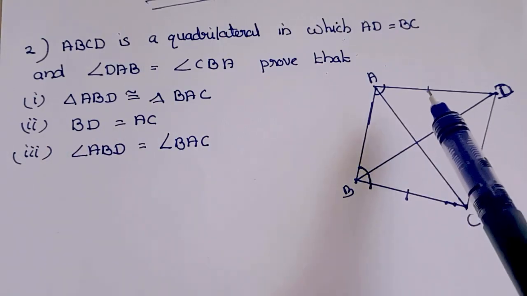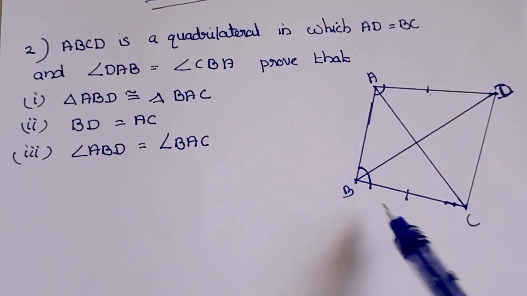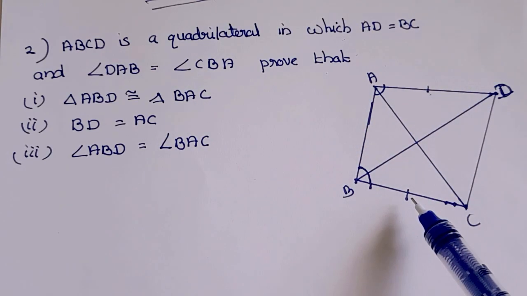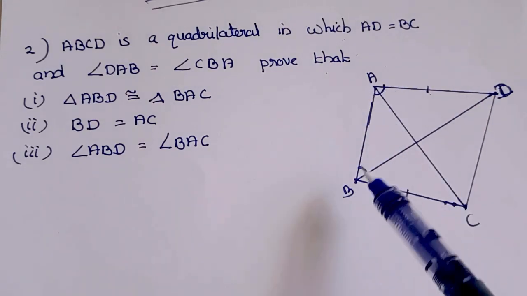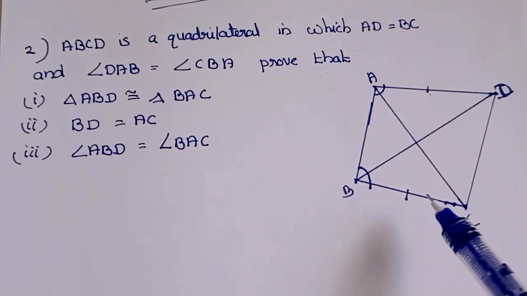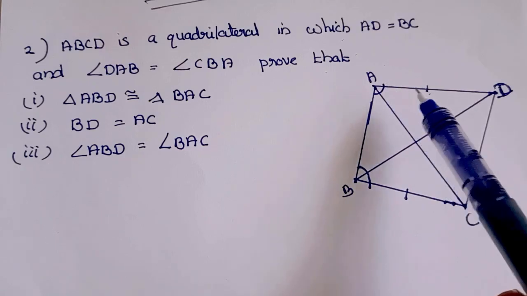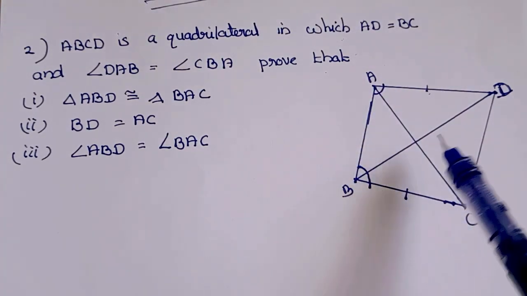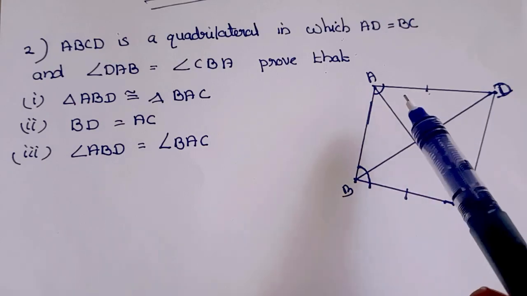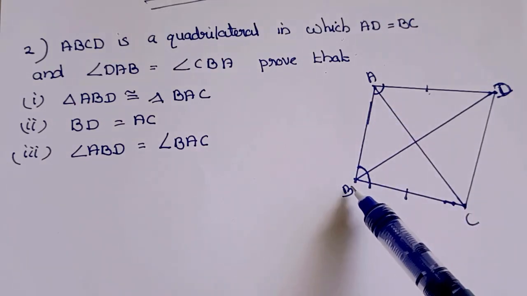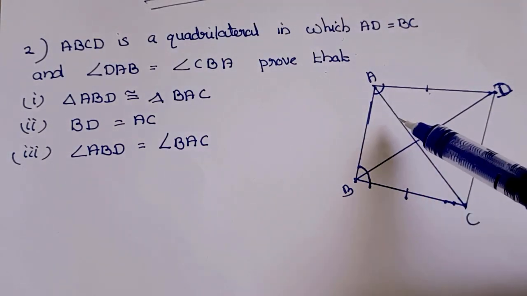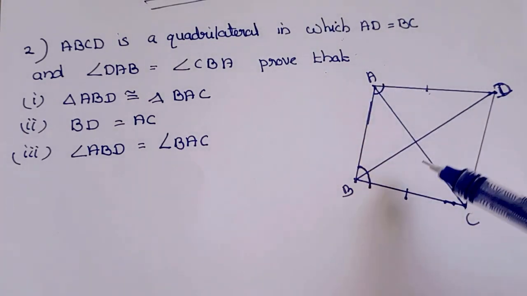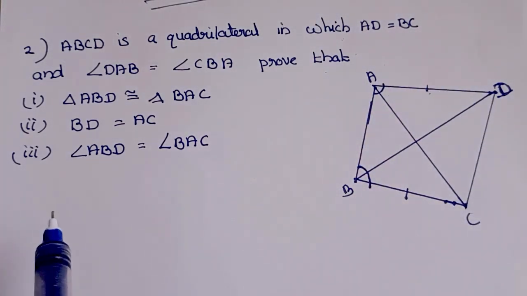We have to prove that triangle ABD is congruent to triangle BAC. This is the first triangle and this is the second triangle. These two triangles are congruent, that we have to prove.